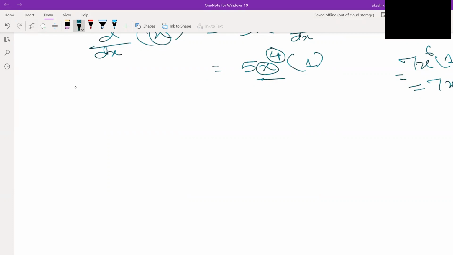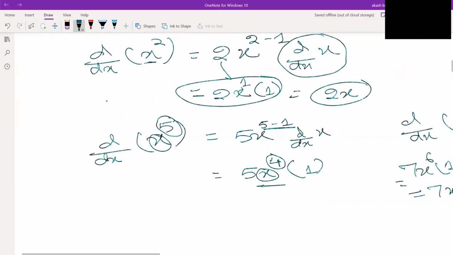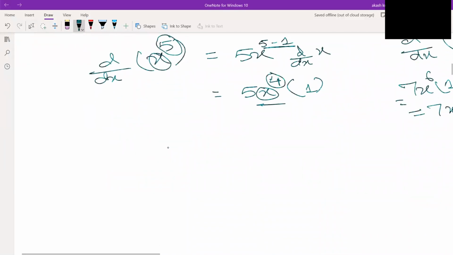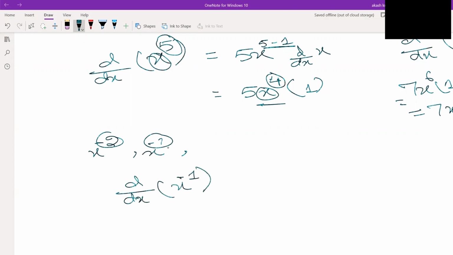No problem. So far we had positive powers like x square, x^5, x^6. Now, if someone asks us to find the derivative of x^-2, x^-1, or something with a negative power, we'll be using the same rule. So d over dx of x^-1, let's start with it. The rule was the power first, power is -1, right?